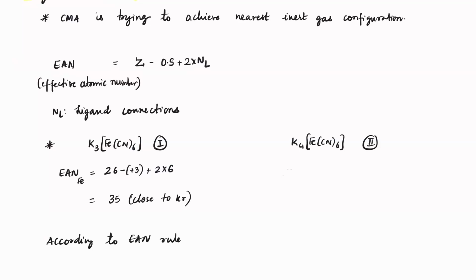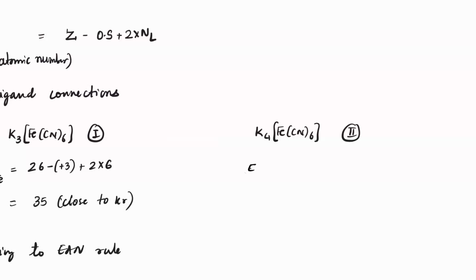At the same time, now if you notice the EAN here, that will be 26 minus plus 2, because this time the oxidation state of iron is plus 2, plus 2 times 6. Now this is coming out to be 36, which is exactly the same as krypton configuration.